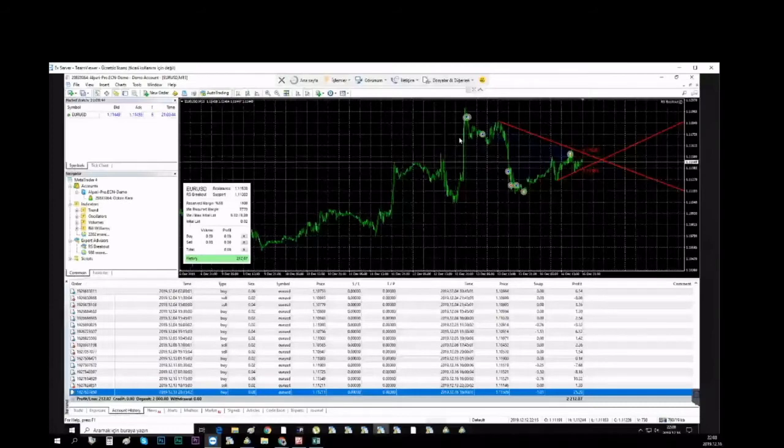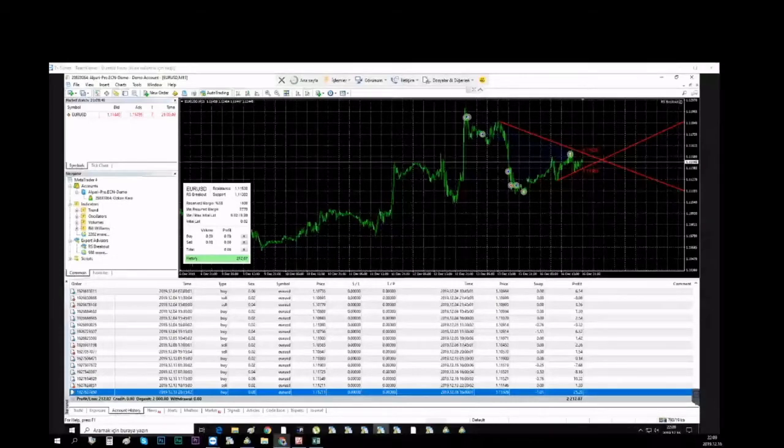This system opens trades by using a trend lines breakout system. First of all, it is detecting the big trend direction. For example, in that position, it decided the trend is going up, and then if it's breaking the resistance, then it goes to buy.